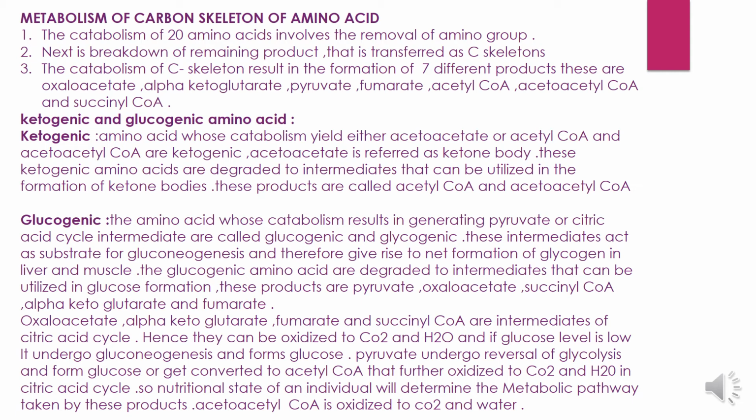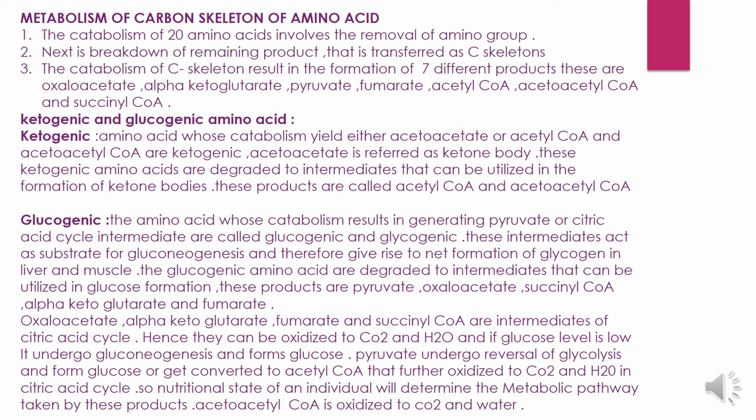The glucogenic amino acids are degraded to intermediates that can be utilized in glucose formation. These products are pyruvate, oxaloacetate, succinyl coenzyme A, alpha ketoglutarate, and fumarate. Oxaloacetate, alpha ketoglutarate, fumarate, and succinyl coenzyme A are intermediates of the citric acid cycle.